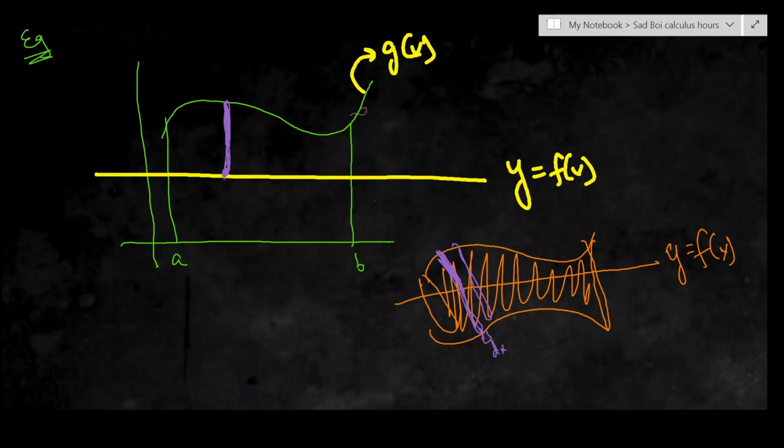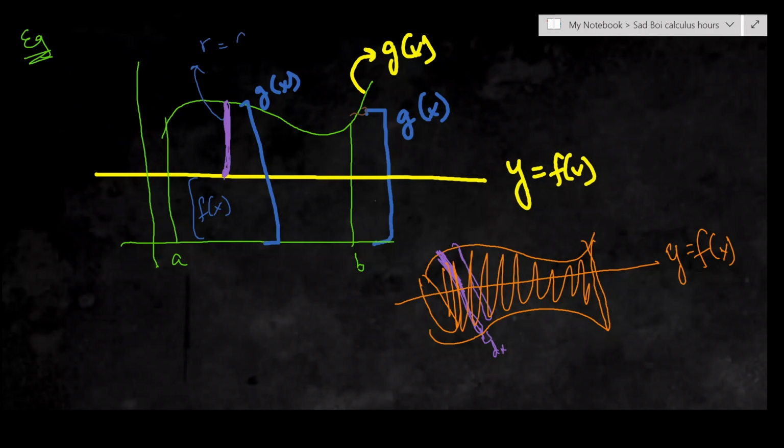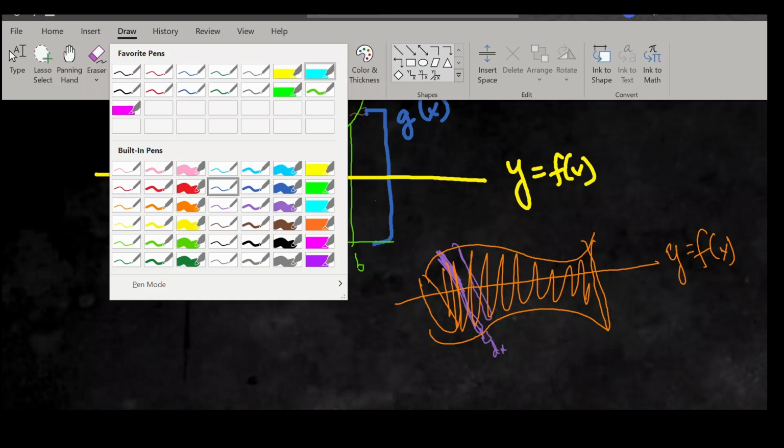How are we going to calculate it? Earlier on we said that the radius was the value our function returned at that point, that is g of x. This is g of x. However, this particular length is f of x. So to calculate the radius, you're going to have to do g of x minus f of x.